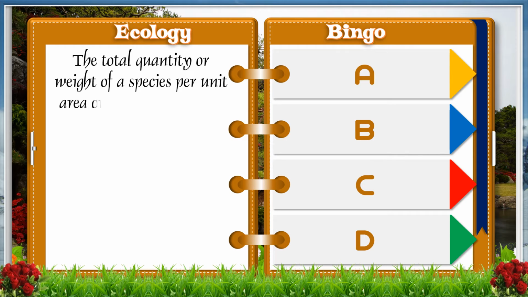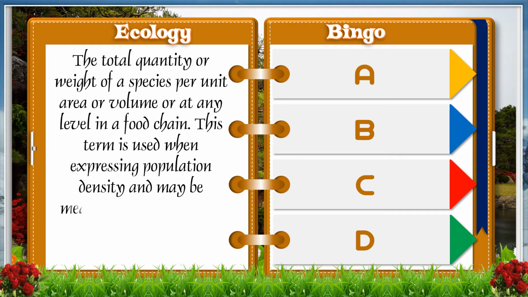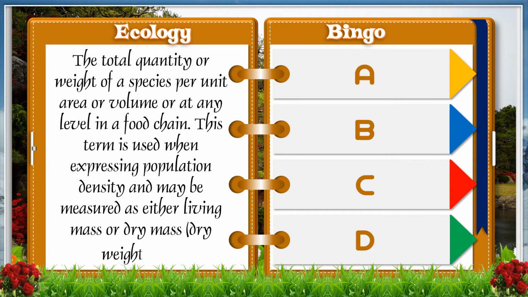The total quantity or weight of a species per unit area or volume at any level of food chain. This term is used when expressing population density and may be measured as either living mass or dry mass.